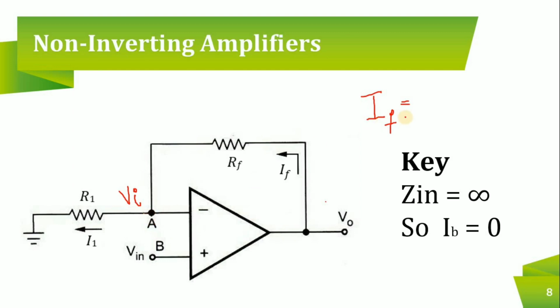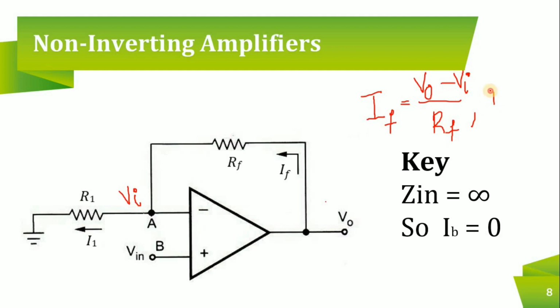Now IF is equal to, from where to where is the current flowing? From this point V0 to Vin. So V0 minus Vin divided by, through which the current IF is flowing? It is flowing through RF. So IF is equal to V0 minus Vin divided by RF.